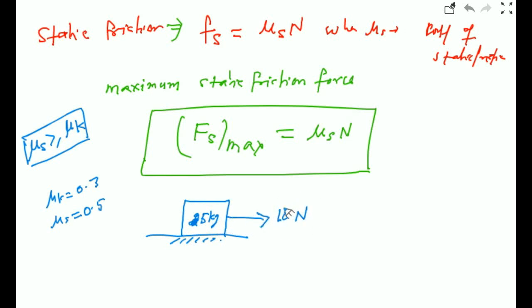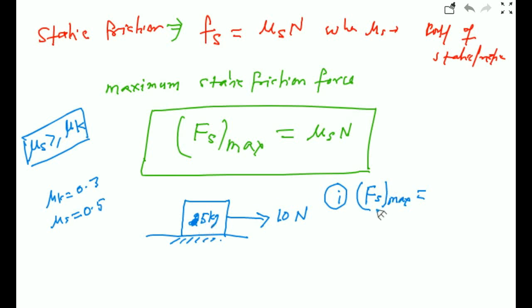So what is the friction force now? First you have to check the maximum static friction force. That is the first step. If your applied force is greater than F_s maximum, then it will move, and then you have to think about kinetic friction.